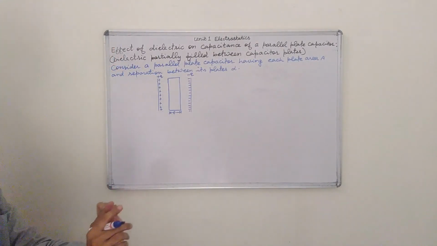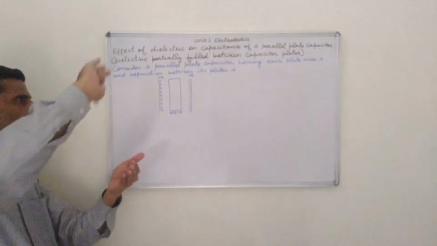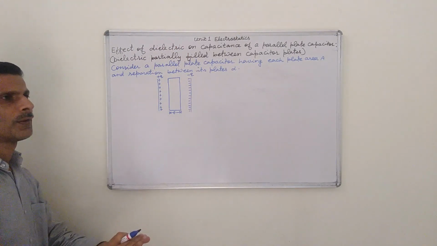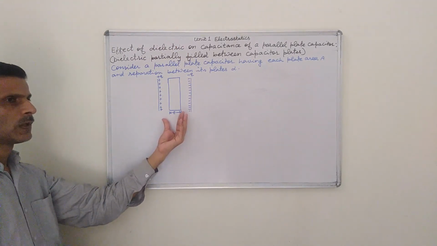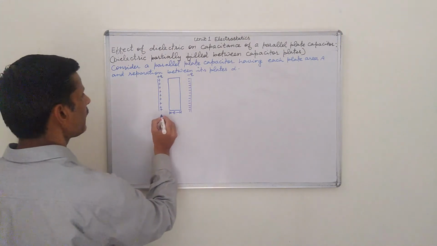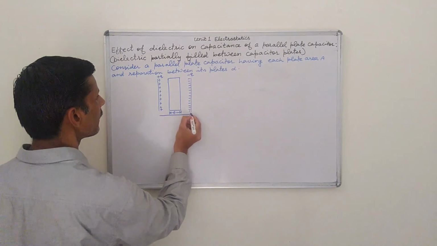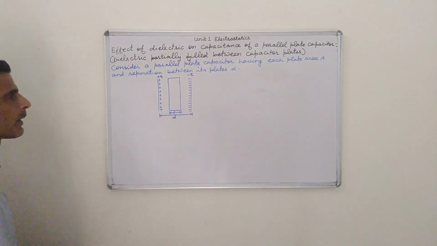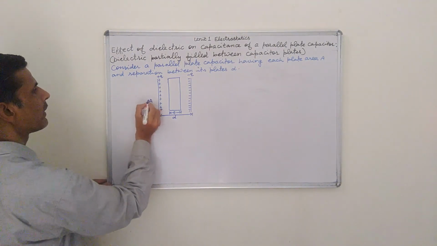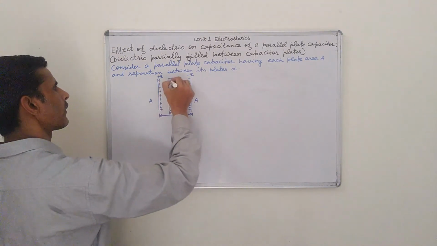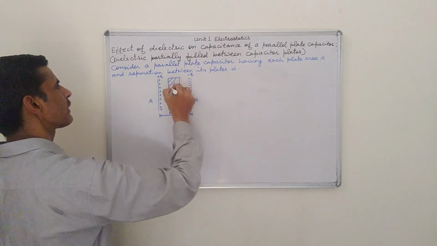Plate area is A, and the distance between the capacitor plates is D. The dielectric constant of the dielectric is K.